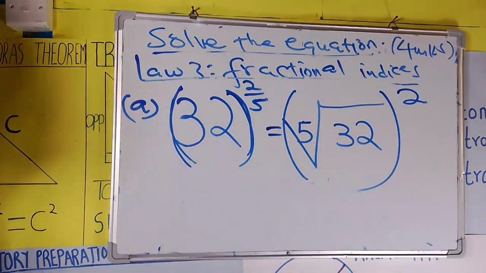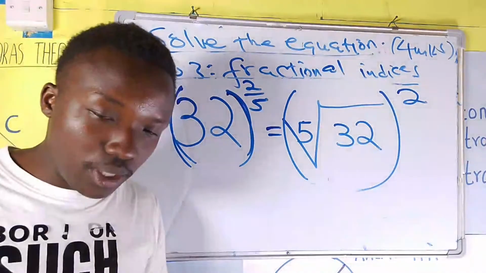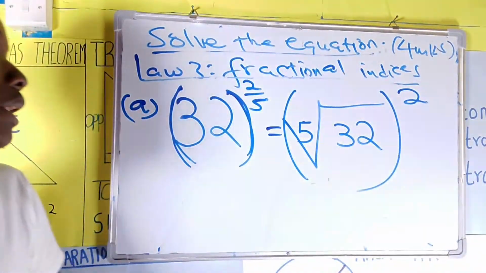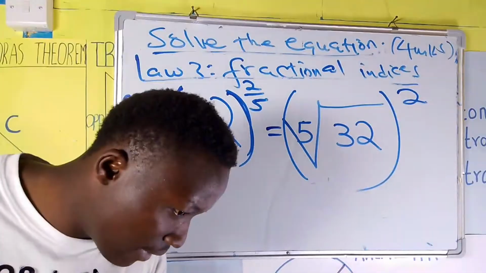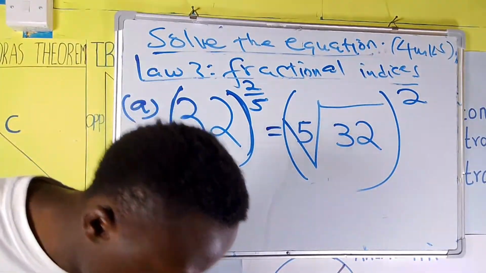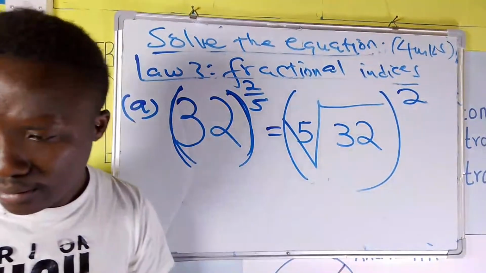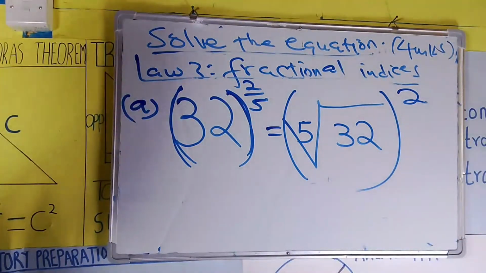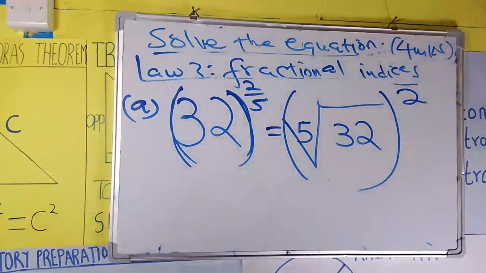The fifth root of 32, then you raise to power 2. To find the fifth root, let me guide you using a calculator instead of using the factorization method.